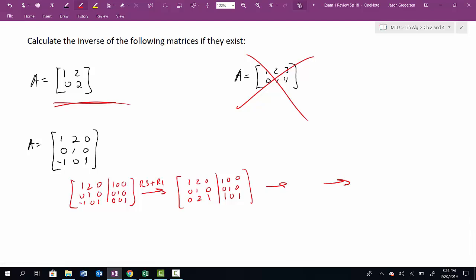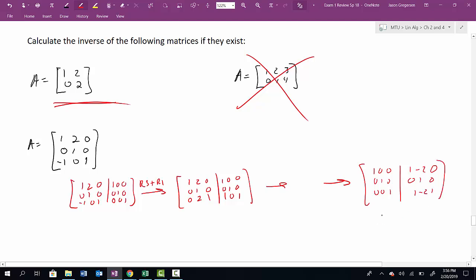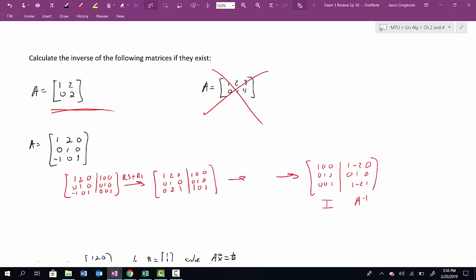And I would end up with this: 100, 010, 001 augmented with 1, negative 2, 0, 0, 1, 0, and 1, negative 2, 1. So I would row reduce, and the left-hand side would turn into identity, and the right-hand side would be that inverse.